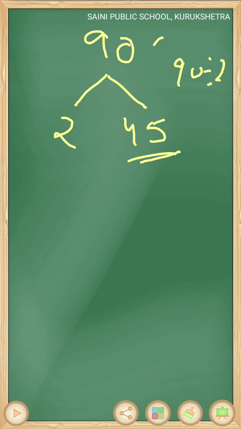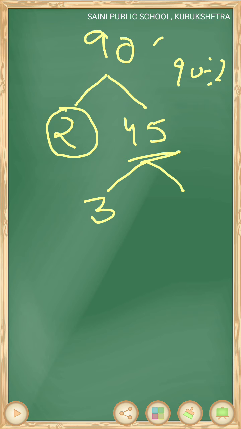Now the second step: circle the prime number. Now 45 is a composite number. So again we will write it as a product of two numbers like this, one should be prime and the other composite. 45 comes in the table of 3, not in 2, so we will divide it by 3.